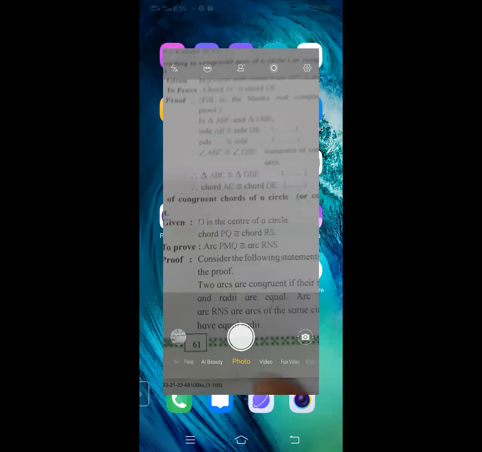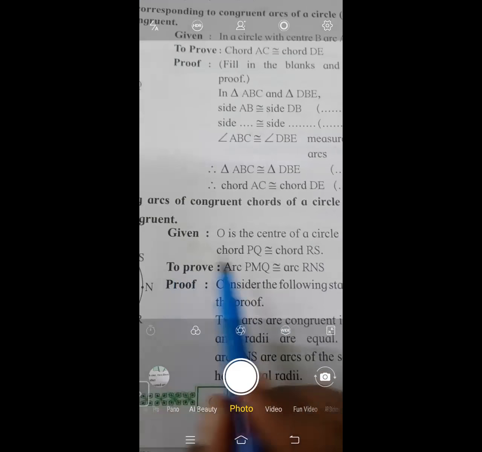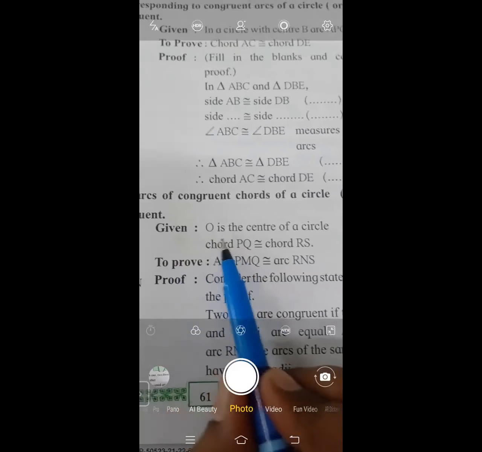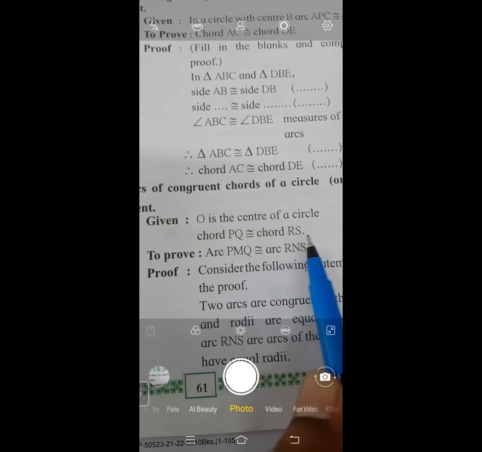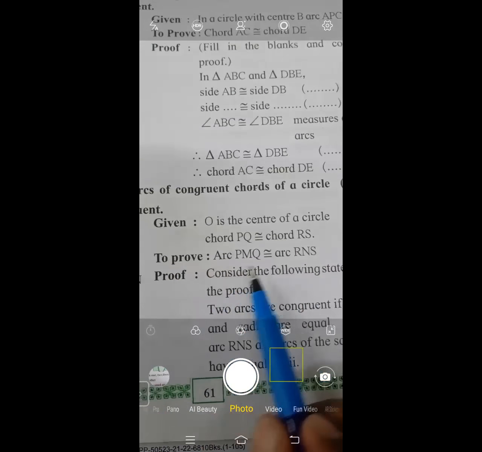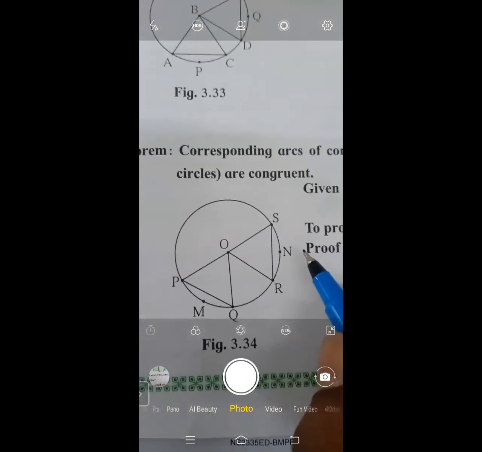Once again, we will go through the given things. O is the center of the circle, chord PQ is congruent to chord RS. What we have to prove: arc PMQ is congruent to arc RNS.